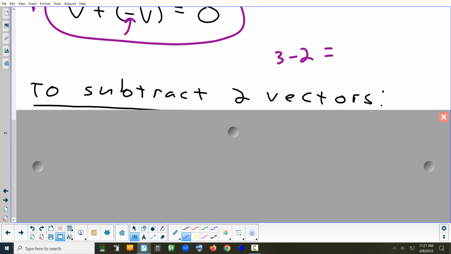Say you try to explain how to do subtraction, but somebody doesn't know what subtraction means. They only understand addition. So how would you reword that as an addition problem? 3 plus negative 2. Right, 3 plus the opposite of the second number. And that's exactly how we're going to subtract vectors.